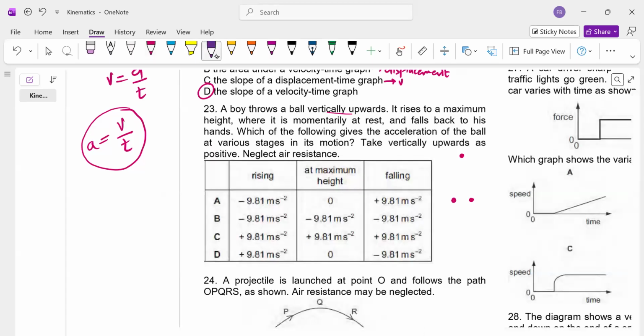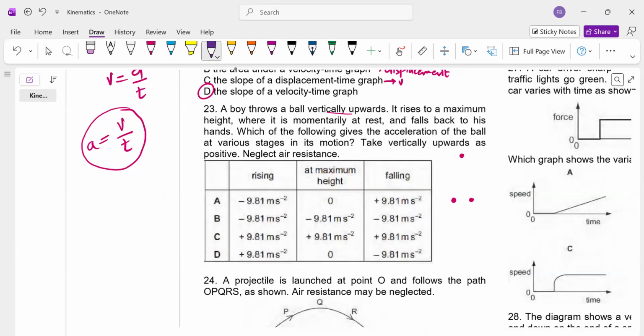And when it's falling it's minus 9.81. Didn't we discuss that when there is negligible air resistance, the acceleration would be negative 9.81 meter per second square? Yeah, when it's falling.